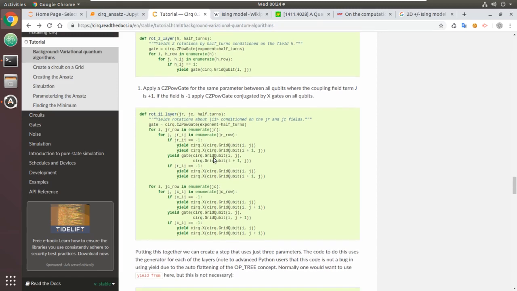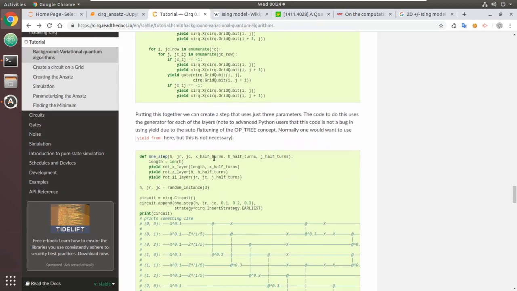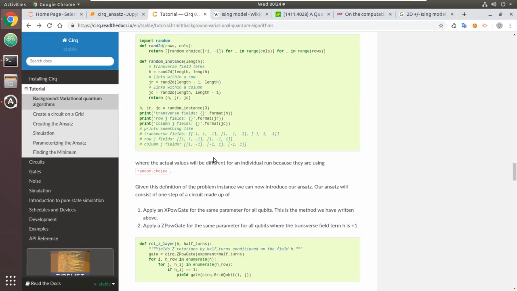Why? I don't understand why these have one, like length minus 1.